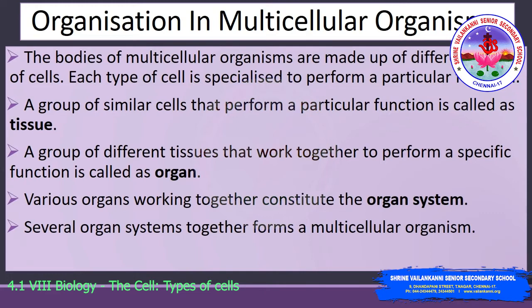A group of similar cells that perform a particular function is called a tissue, while a group of different tissues that work together to perform a specific function is called an organ. And various organs working together constitute the organ system, and several organ systems together form a multicellular organism.